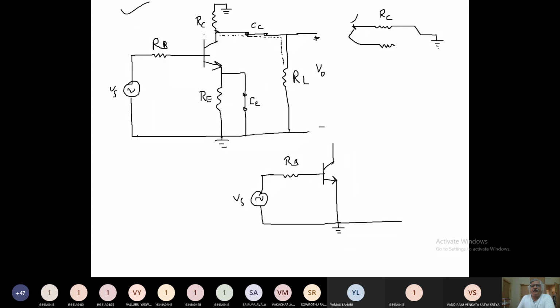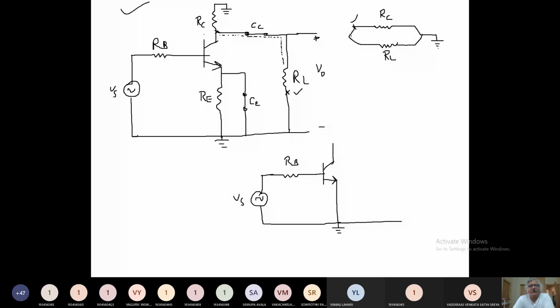It is connected to RL. Right? And where the other end of the RL is connected, this end, it is connected to ground. It is connected to ground in this way.